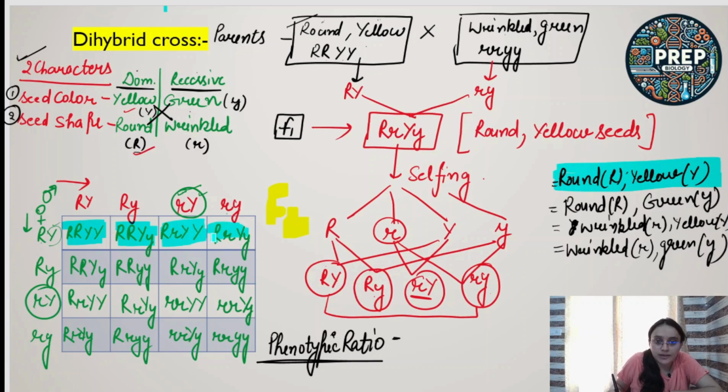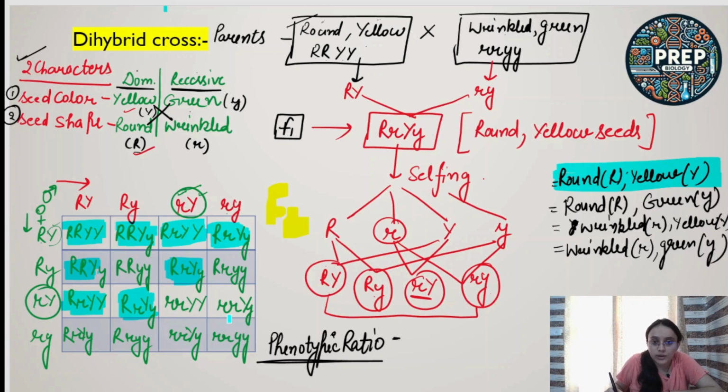Capital R, capital Y 4. Capital R, capital Y 5. Capital R and small y, no, we do not count here. So capital R, capital Y 6. Capital R, capital Y is here, no. Capital R, capital Y 7. Capital R, capital Y 8.